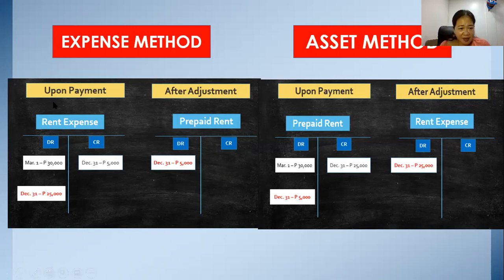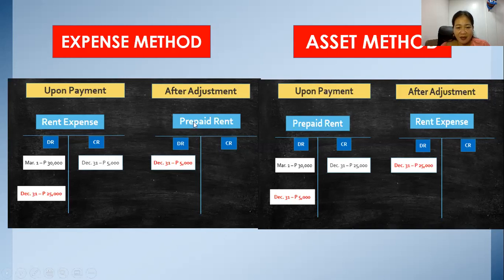So for rent expense, under the expense method, you have 25,000 here. And under the asset method, you also have 25,000. For the prepaid rent, under the expense method, you have 5,000 here. Then under the asset method, you also have 5,000. So whatever method you use, it will bring you to the correct amount of your rent expense, which is 25,000, and the correct amount of your prepaid rent, which is 5,000.